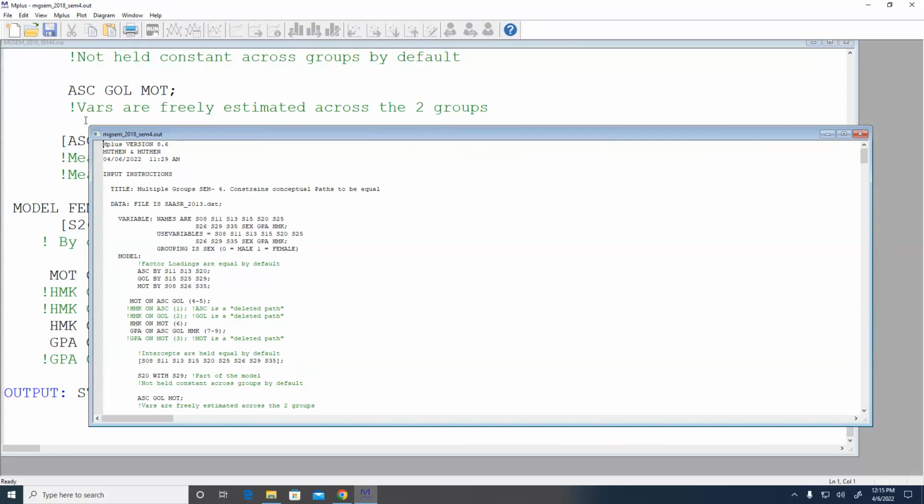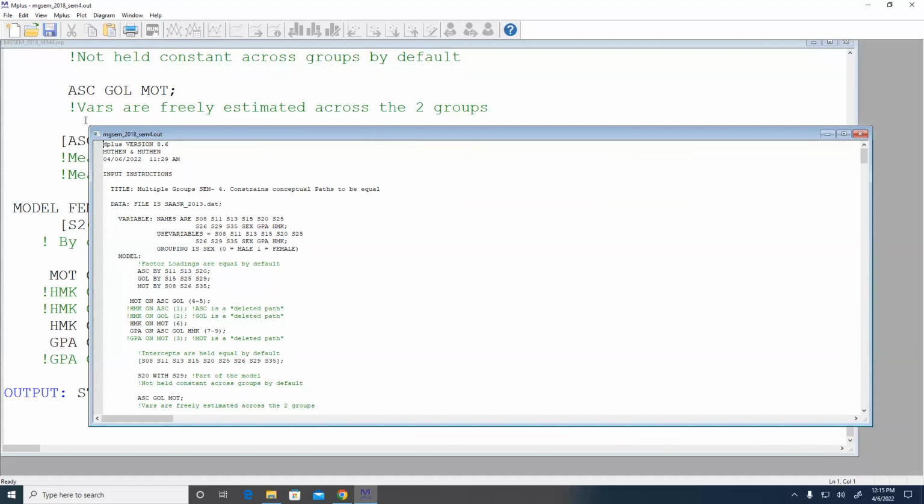So model 7, our final model, which is good because it's 12:15, in our final model, I allow the mean of goal valuation to freely vary. You can see in the code there, I'm no longer constraining the mean for goal valuation to be 0. Instead, it's allowed to freely vary across the two groups.